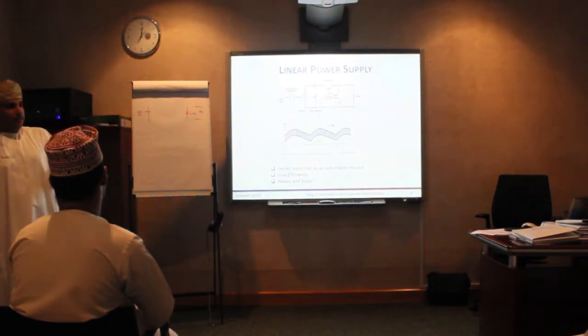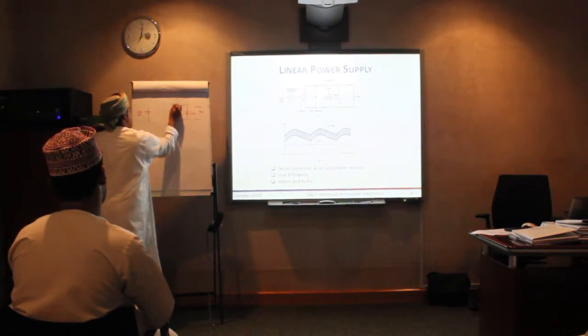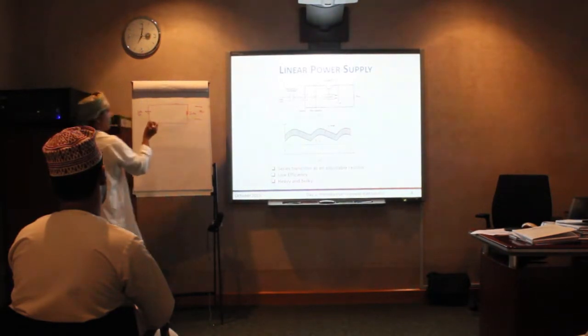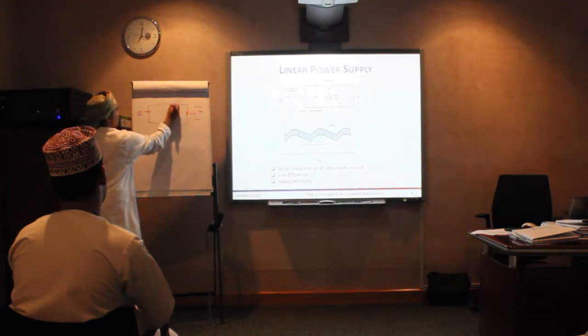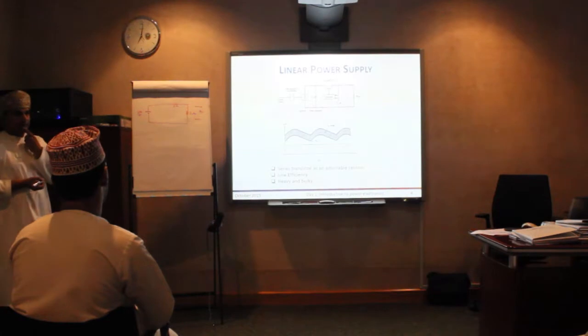You can add a resistance, right? And what's the value of this resistance? 2 ohm. Exactly. If you put 2 ohm, you will get 5 volt there.